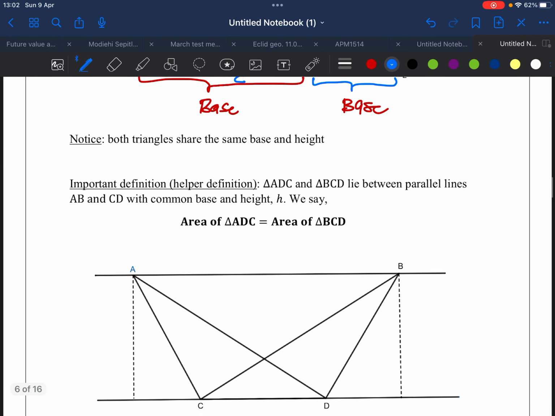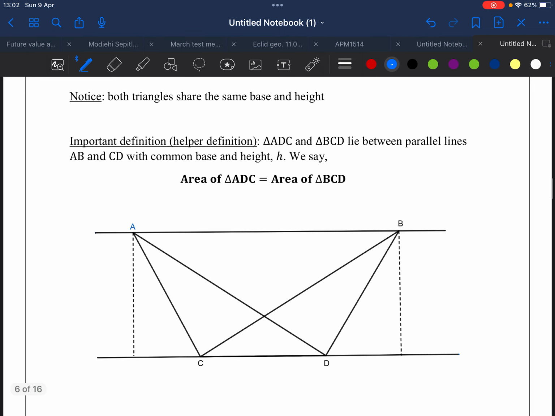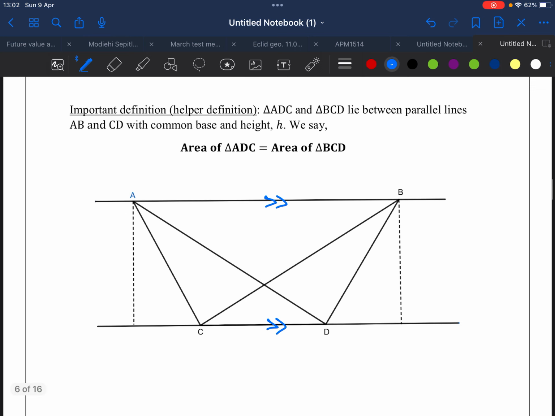This is a very important definition. So they say triangles ADC and BCD lie between parallel lines. So let's say this line is parallel to this line. Okay, AB is parallel to CD. We say area of triangle ADC. So let us check. Where is ADC?